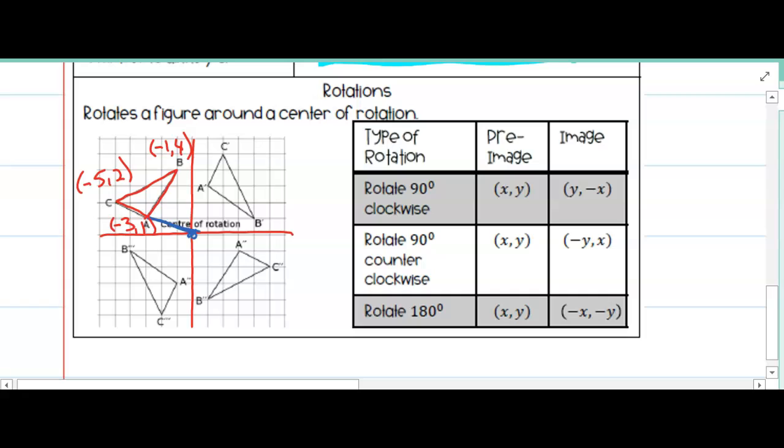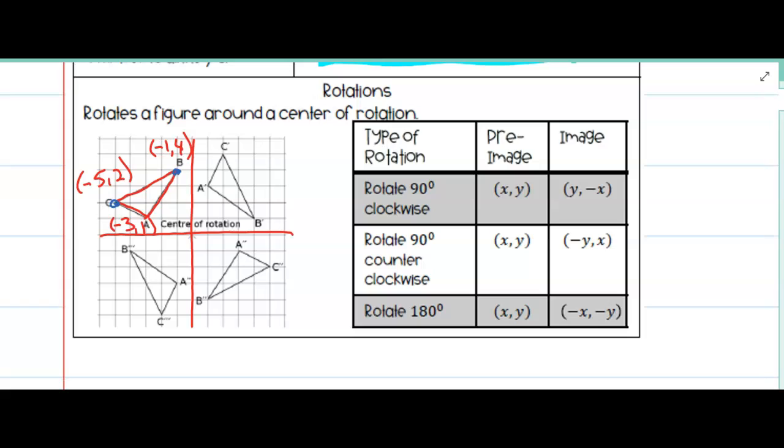So the angle between A and A prime, right here, is a 90-degree angle. You could do the same thing with the points B and B prime. If it's around the origin, that angle right there is a 90-degree angle, and then you could do the same thing with C to C prime. Once again, if you were to connect those, that's going to be a 90-degree angle.